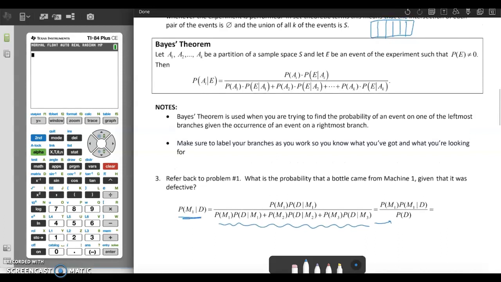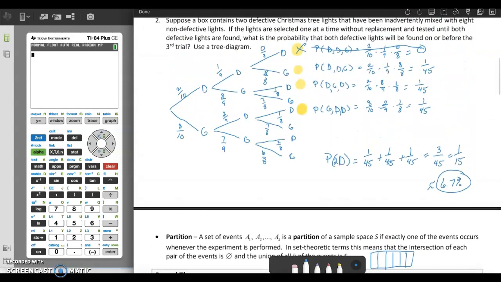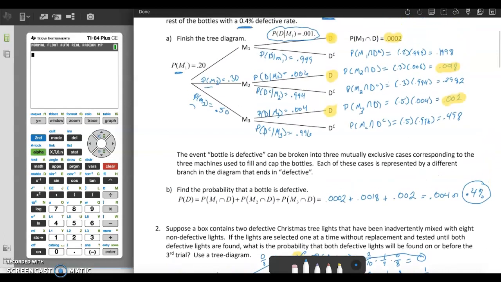Okay, but look, we already did that. We were able earlier in the notes to calculate the probability of D. We've already done that crazy looking formula that's in the denominator of Bayes' theorem. All that was saying was do your multiplications of your branches that all end in D. Take the probability of M1 times this direction's conditional probability, and I'll get this value.